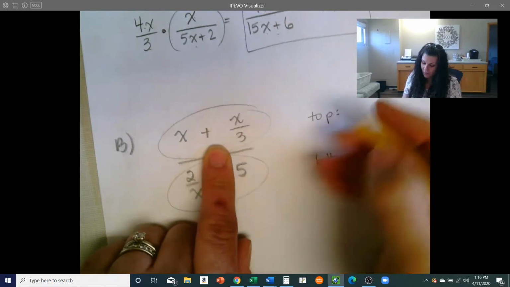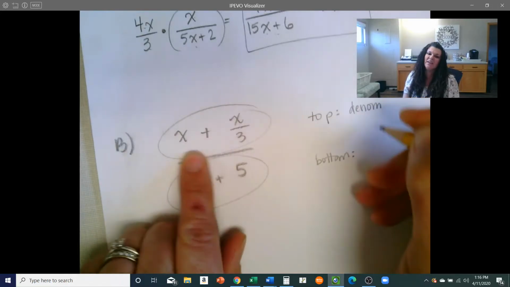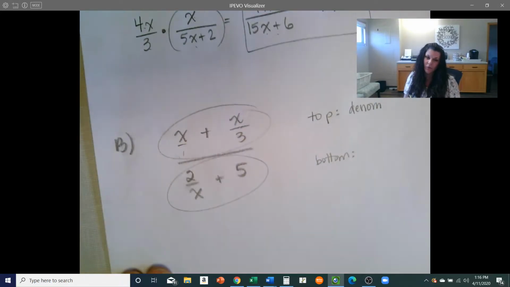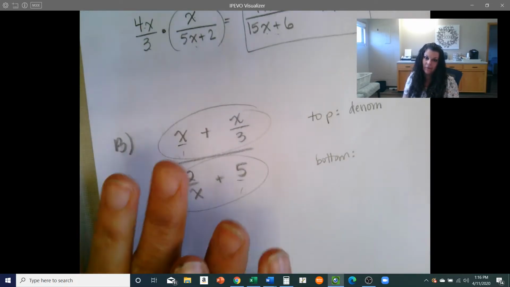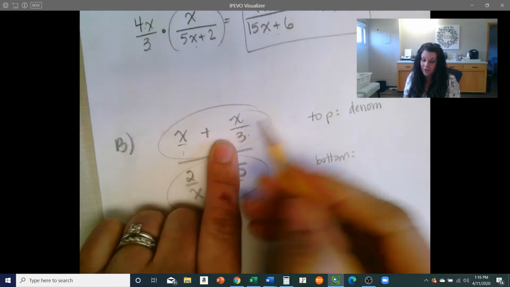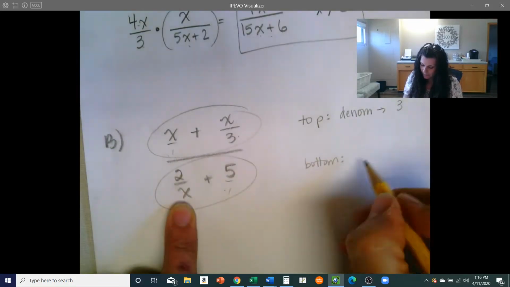And I want to look at what denominators are in the top besides 1, because this is over a 1, but I don't care. And this is over a 1, and I don't care. Okay, so in the top, my denominator I have 3. And in the bottom, my denominator is x.